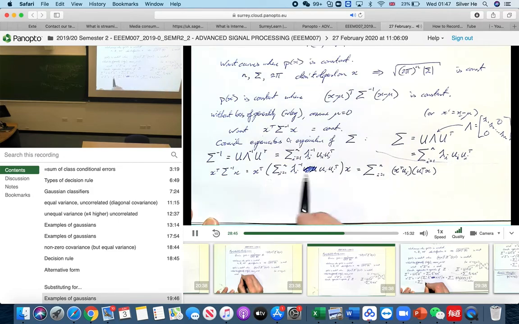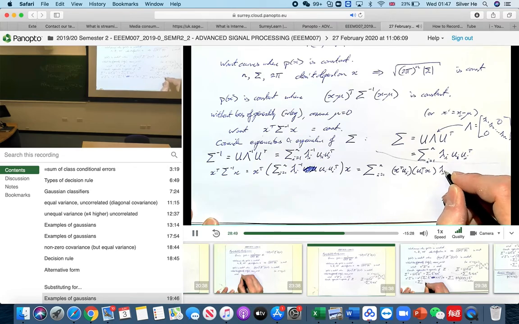So that's just bringing the x's inside the sums here times lambda i to the minus 1.